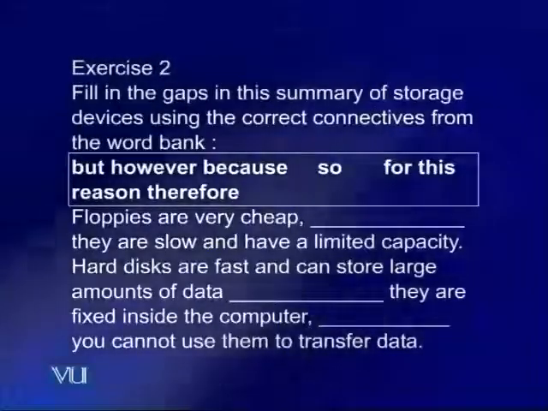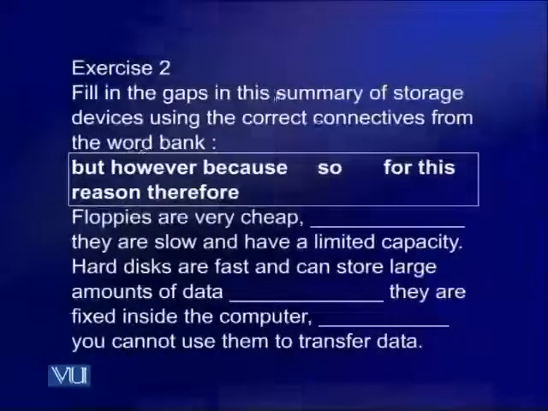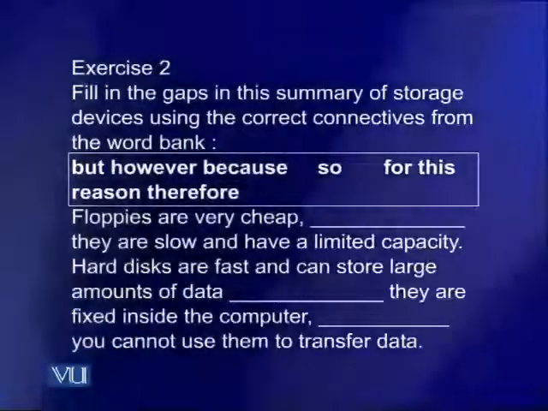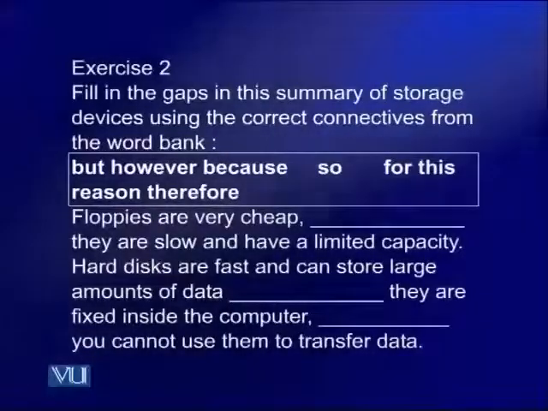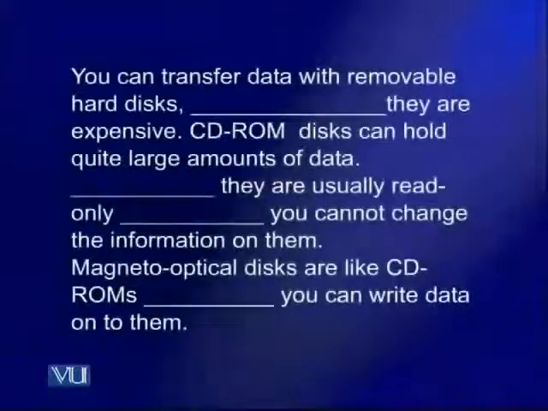Hard disks are fast and can store large amounts of data. However, they are fixed inside the computer, so you cannot use them to transfer data. You can transfer data with removable hard disks, but they are expensive.